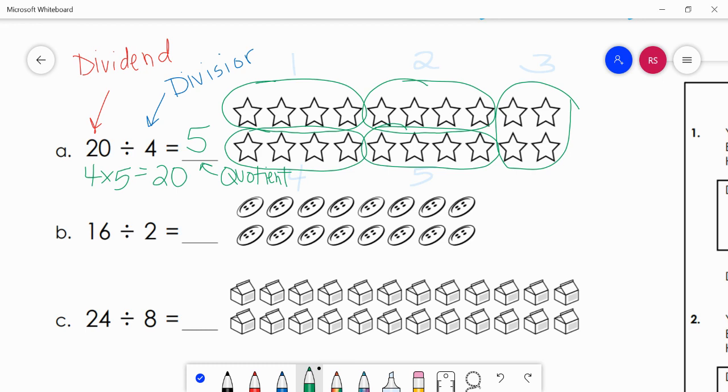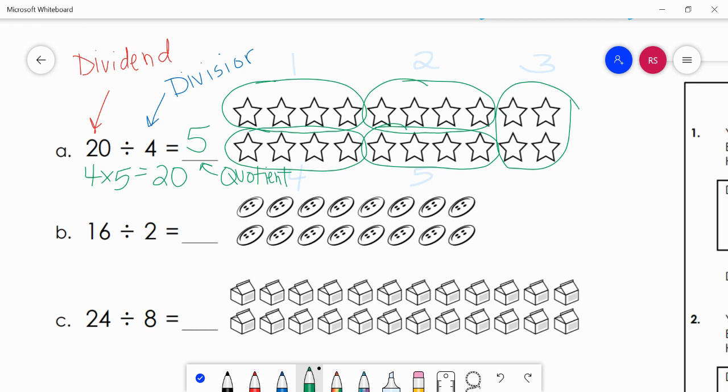The most important thing about division is making sure that you are creating equal groups. So I can't have a group of 3, a group of 4, a group of 5. No, I need to make sure that I look at my divisor. My divisor is going to tell me how many need to be in each group. My quotient will tell me then how many groups I'm going to have.